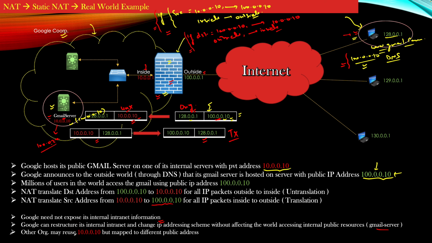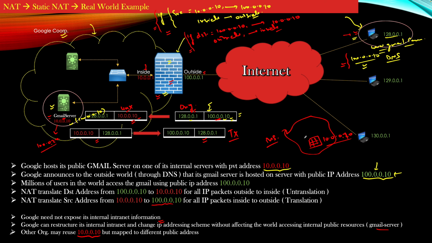And the last point, other organizations may reuse the same private IP address but map it to a different public address. As I said, private addresses are local to the intranet of the organization. There could be some other organization, let's say Microsoft Corporation, which is hosting its web server, and this web server is again running on the private address 10.0.0.10. That is the same IP address on which Google's Gmail server is running.